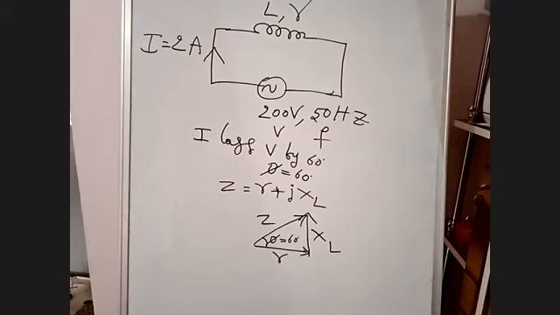Remember this point. If they are not specifying anything, whether it is instantaneous, peak, or RMS, generally they will give RMS values only.